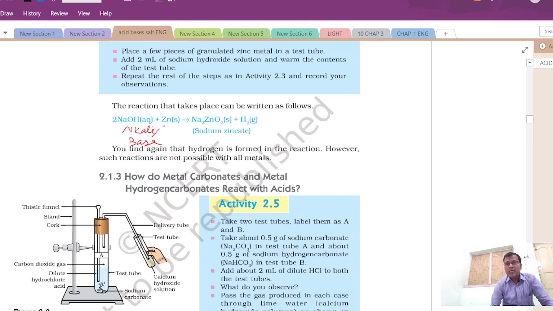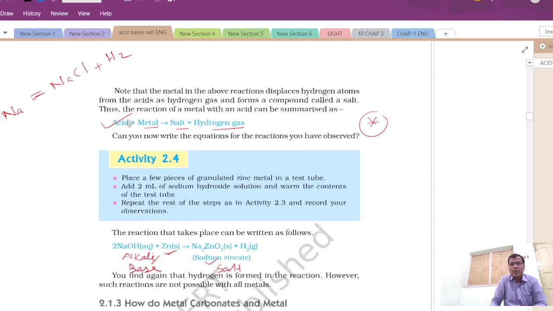When an alkali reacts with a metal, for example zinc, then sodium zincate, which is a salt, is formed and hydrogen gas is liberated. That means you can also say that this is the same as the above equation.